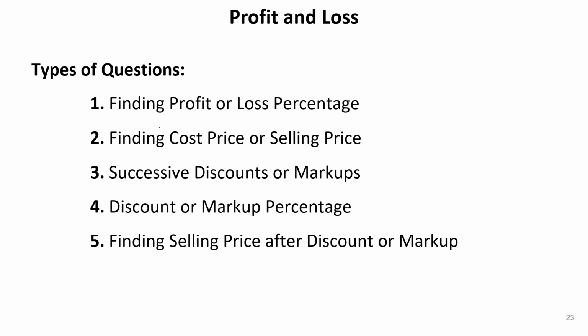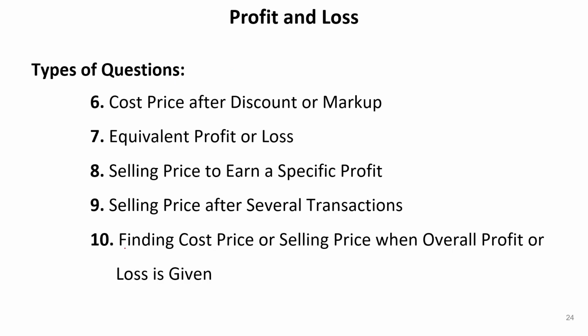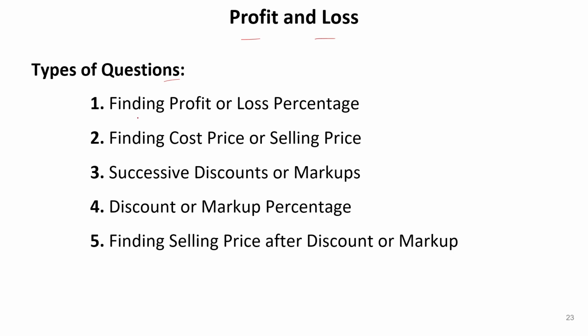So let's see what kind of problems are usually asked on the topic profit and loss. Okay, so the types of questions are naturally 10 types. In the first type, finding profit or loss percentage, and the second is finding cost price, selling price. Then the third is on successive discounts or markups. Okay, so the fourth is discount or markup percentage. The fifth one is on finding selling price or discount or markup.